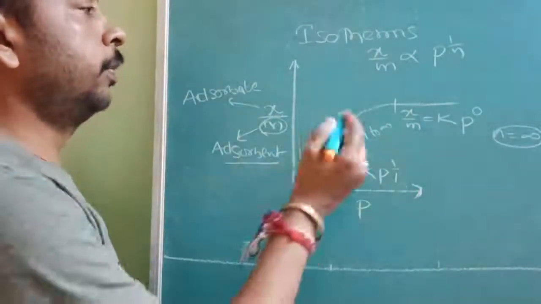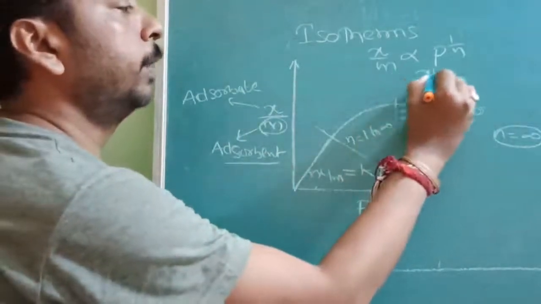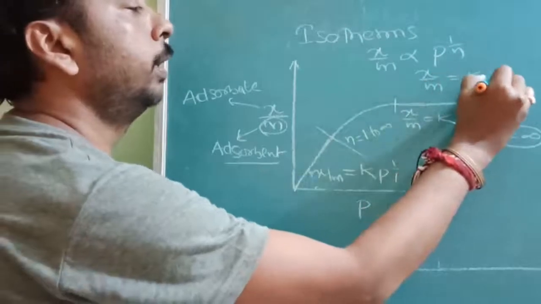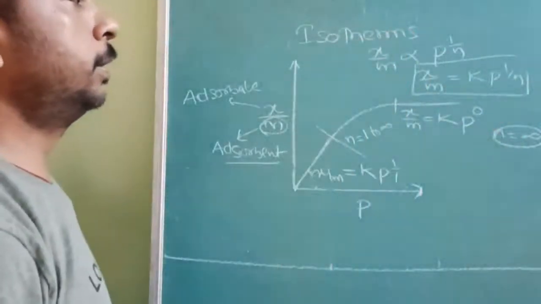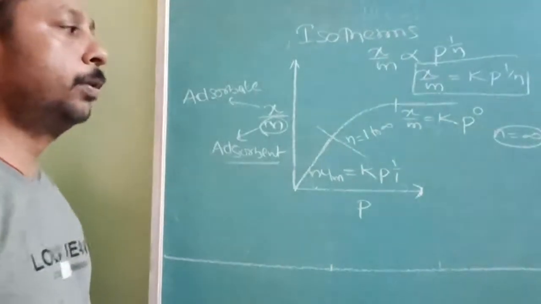Okay, so the general formula will be the same: x/m = k·p^(1/n). So this is the formula-based graph. Note down this.